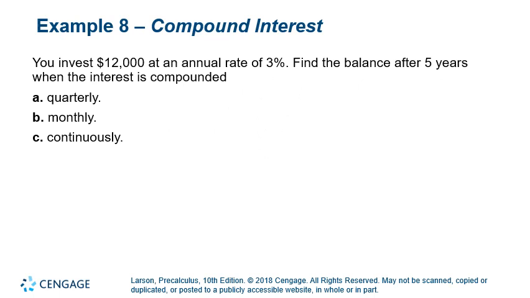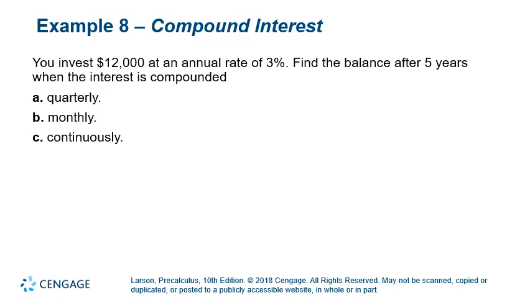So here's an example. You take $12,000, you put it in an account. It earns 3% every year. But in each of these scenarios, the interest is applied in different ways. In A, you get a quarterly interest payment, so 4 times a year. In B, you get a monthly interest payment, so that's 12 times a year.